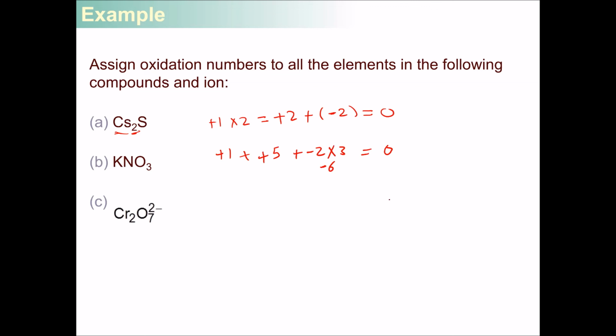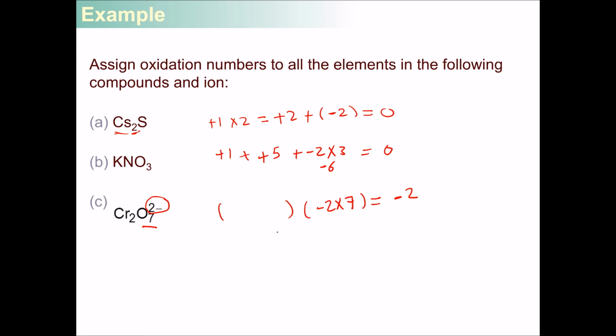For the last example, the charges have to add up to -2, which is the overall charge of the ion. And we know that oxygen is -2 times 7 atoms that we have in the formula. That means the chromium contribution has to be a positive number that adds up to that negative contribution from oxygen to make it overall -2.